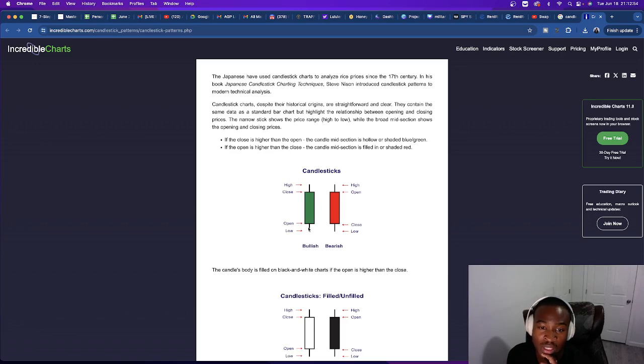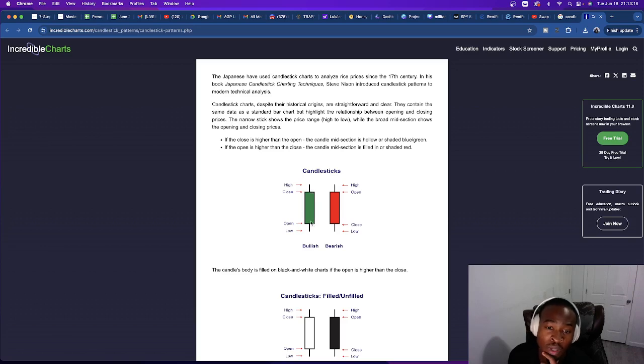So this green candle is showing you that it started here, price has been as low as here before in the past, it shot up and went as high as here, but then it closed down here.